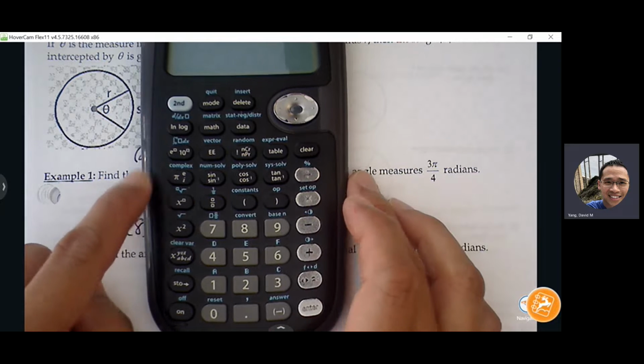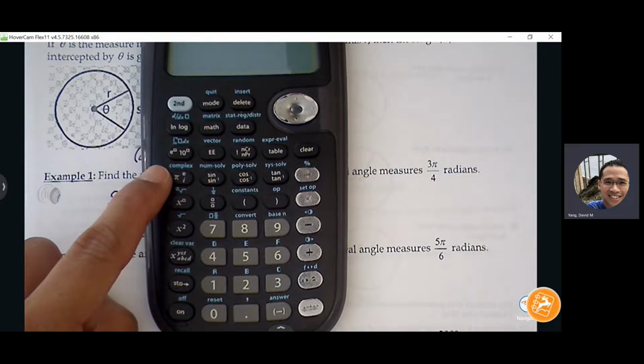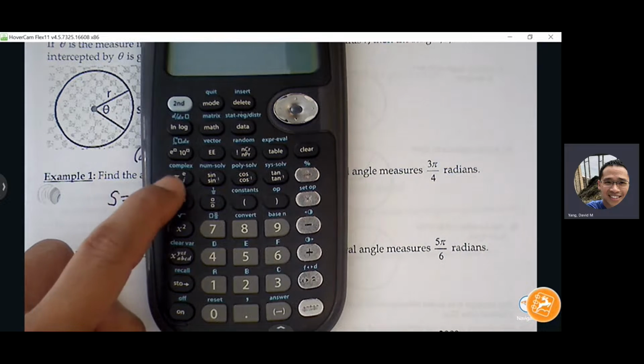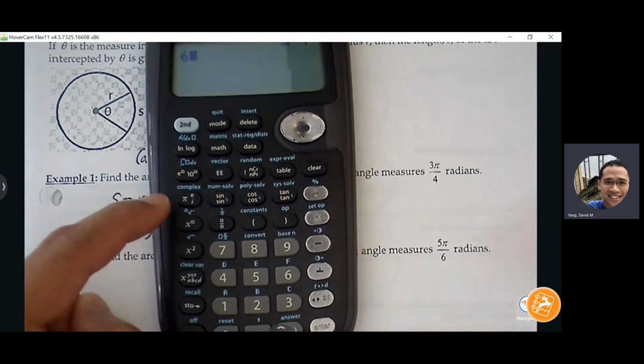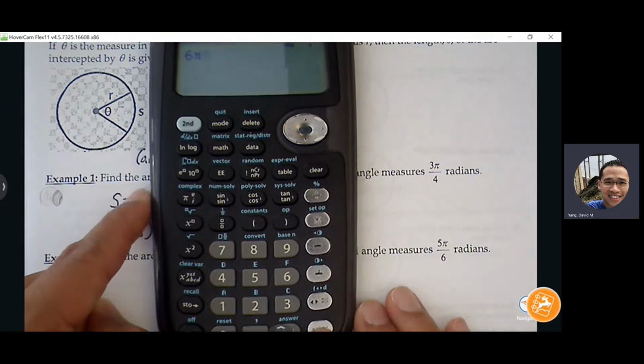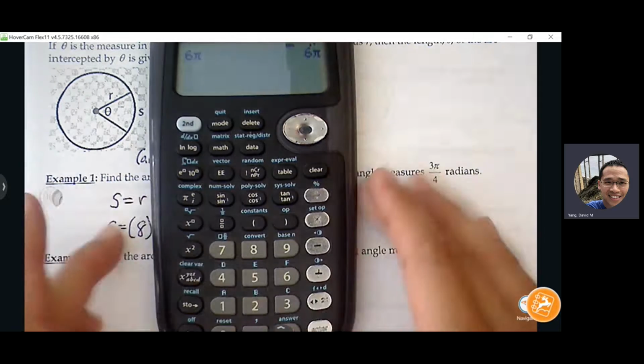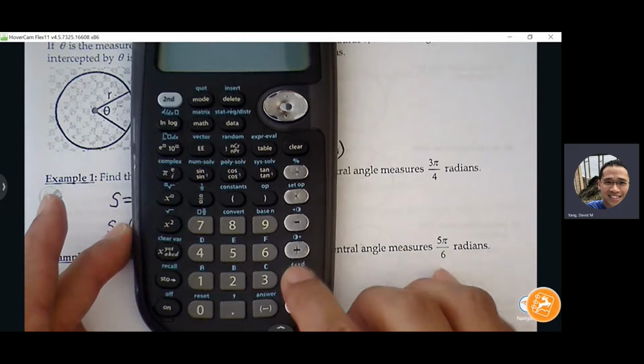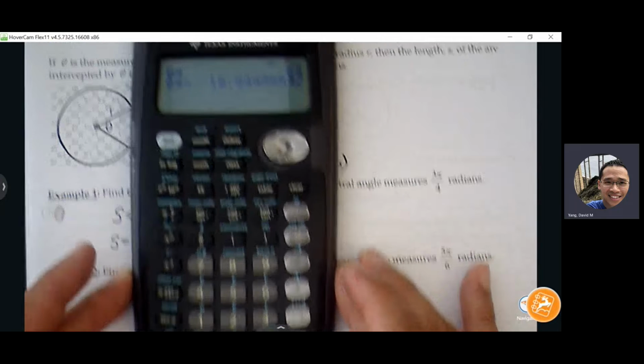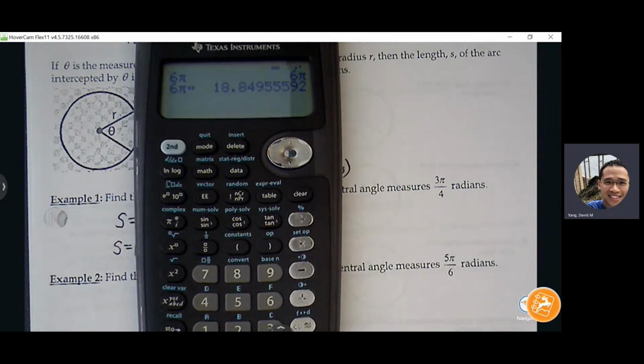Here, under that complex sign, if you tap it a couple times, it'll take you to other variables, but if you just tap it once, it'll be pi. Now, it'll still give you 6 pi, but you can hit that fraction decimal button and it'll give you a decimal version. So it's around 18.8 centimeters.